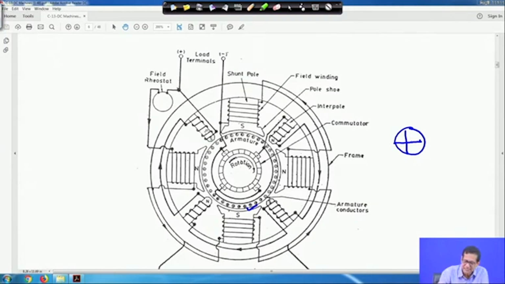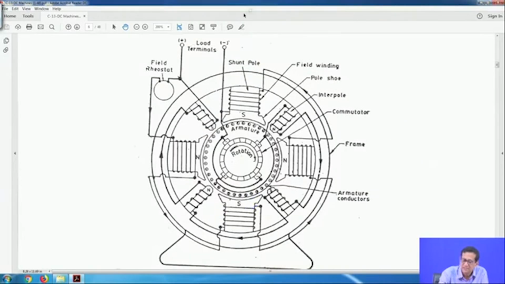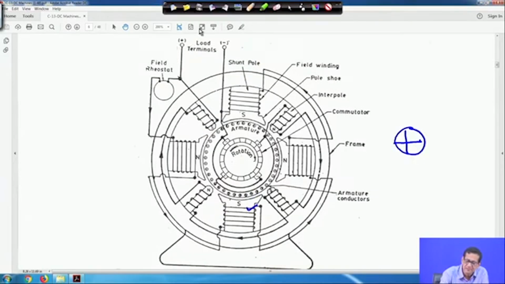And these are the interpoles, we will not discuss much. These are the two terminals, this is plus and this is minus, and this is the field rheostat, the field resistance, symbolized this way, and this is the field winding. And this is the pole shoe here, this is the interpole. We will not discuss the function of the interpole for this course.